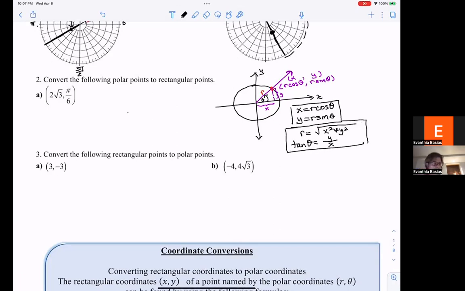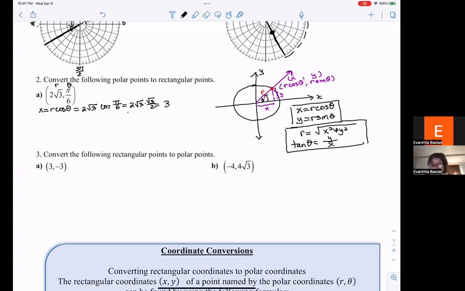So for instance, if we wanted to convert the polar point 2√3, which is r, and pi over 6, which is theta, we simply use this equation, x equals r cosine theta, which is 2√3 cosine pi over 6, and that gives us 2√3 times √3 over 2, which simply gives us 3.